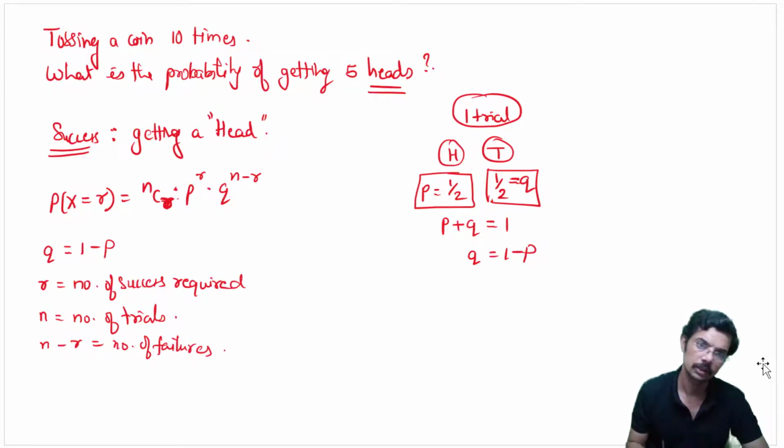We know all these things, and we can just put in the values. n minus r is not required actually, because from these we can clearly define these items.